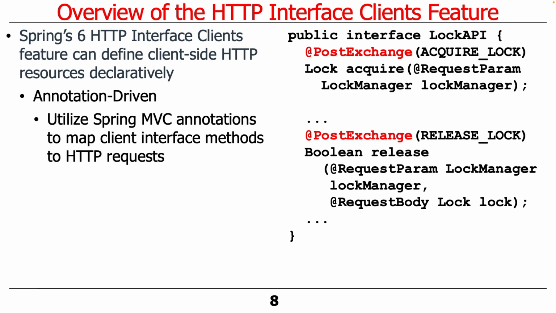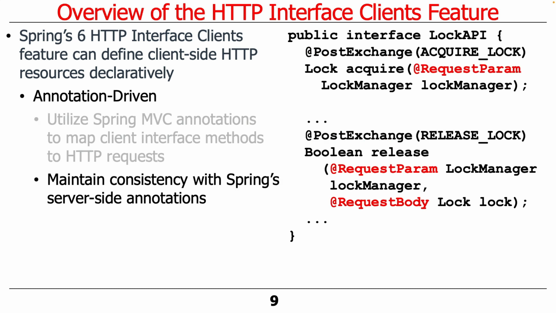Another nice feature of the HTTP interface clients mechanism in Spring 6 is it's annotation-driven. So we can use annotations that you're already familiar with or close to being familiar with in order to be able to map client interface methods to HTTP requests of various flavors. So here, for example, we have the post annotation, post exchange, which is very much like post mapping on the server side.